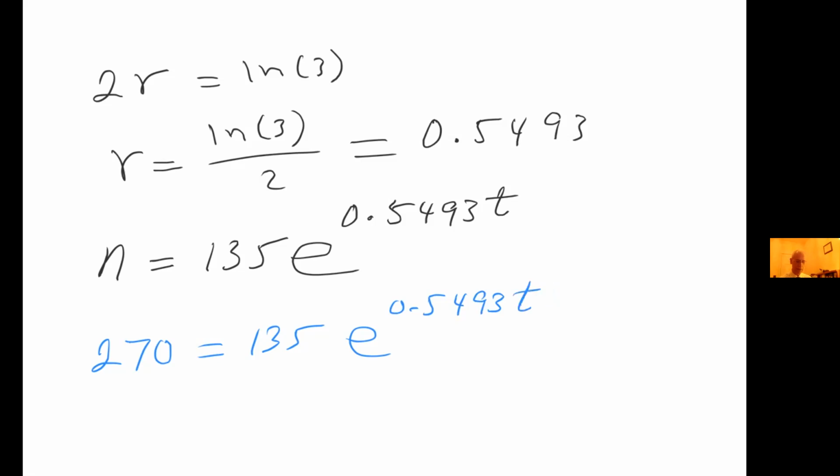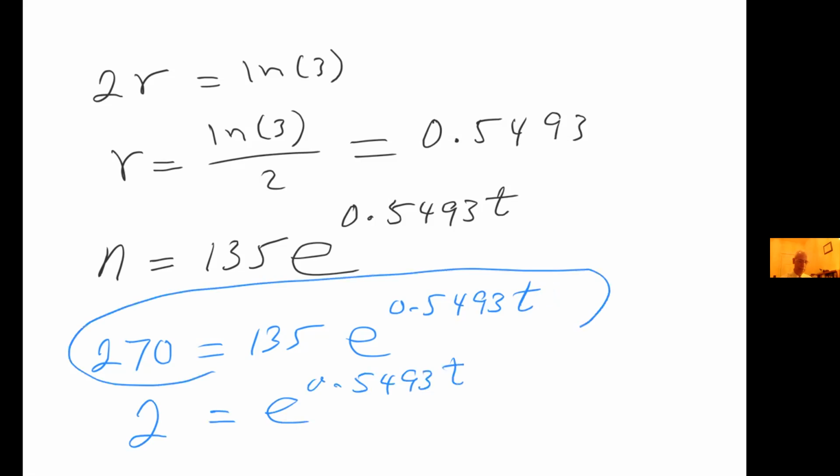And of course here, twice the population, divide both sides by 135, 2 equals e to the 0.5493 t. You didn't have to show this step, but if you'd like to see where these numbers are coming from, once again, I'm showing every step logically there is to look at these problems.